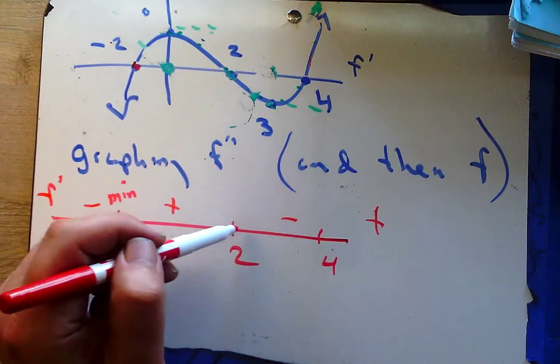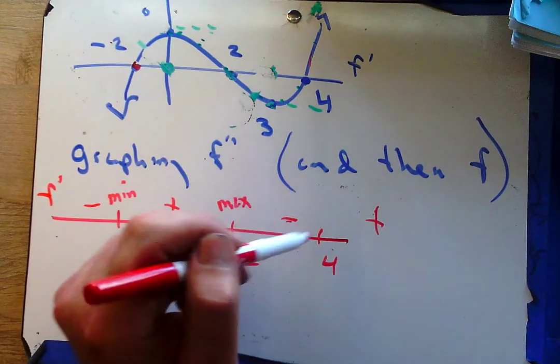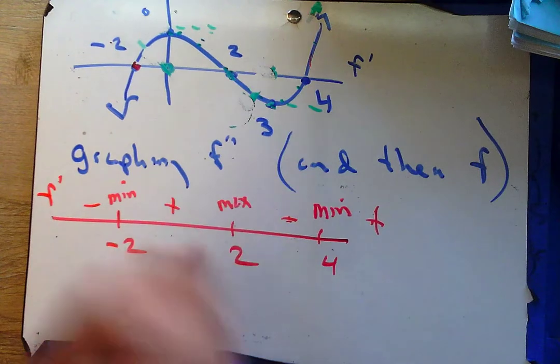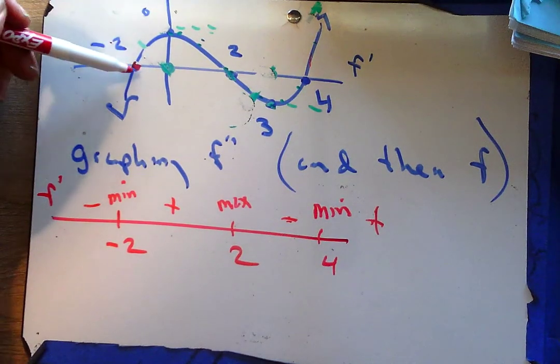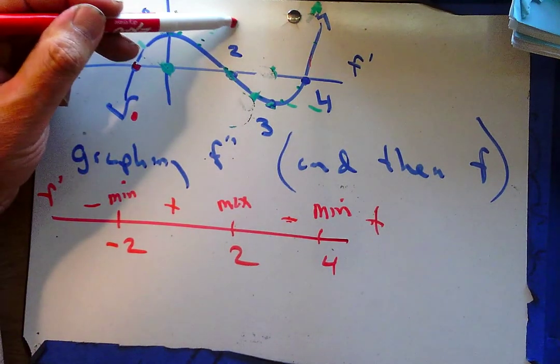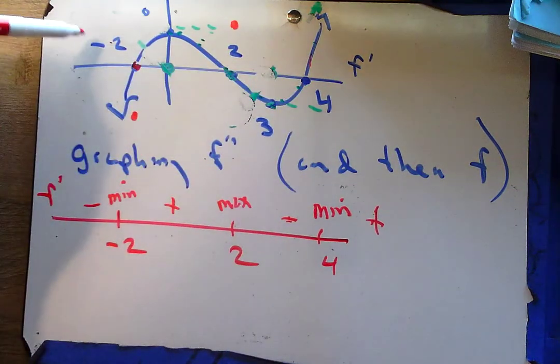And when f prime goes from positive to negative, we know we have a max on f. And when f prime goes from negative to positive, we have a min on f. So I need a minimum at -2, a maximum at +2, and a minimum at 4.